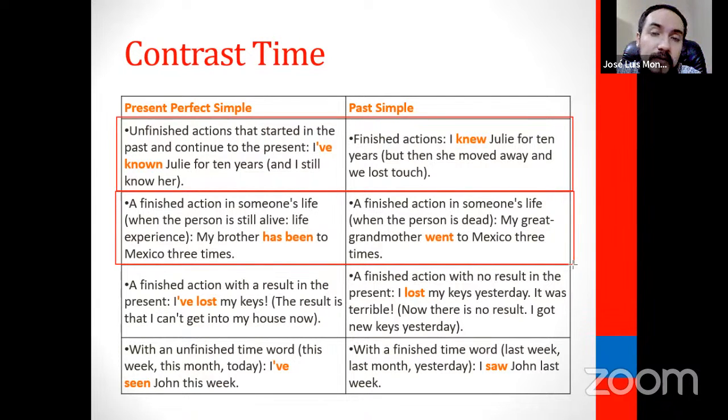In the second part for the simple past, it says, a finished action in someone's life when the person is dead. My great grandmother went to Mexico 3 times. Something that happened, it cannot change anymore because of this situation. The person is dead, that's radical.